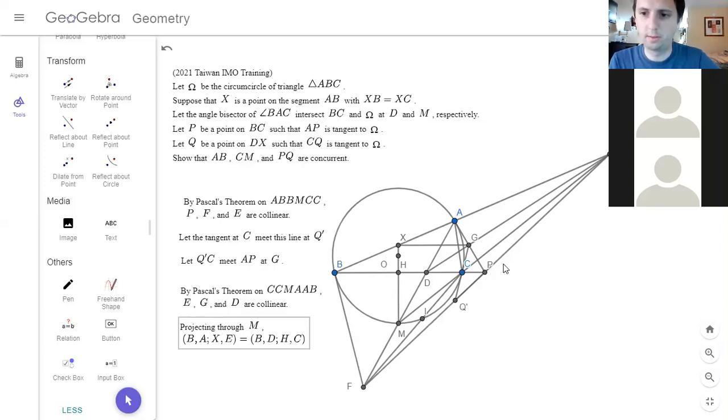And then PFQ prime E, we could project through G, I think was the idea.